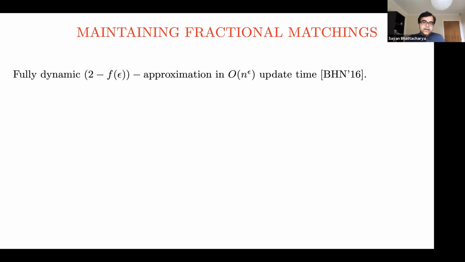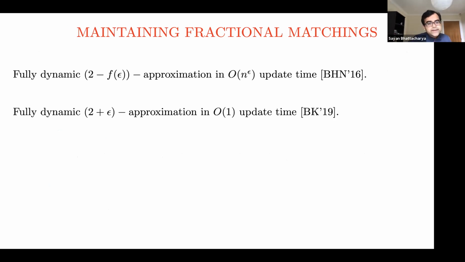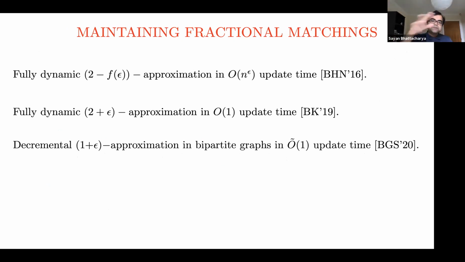Okay, so there is actually a long line of work in dynamic algorithms for maintaining fractional matching. I'm just citing 3 of them here. The specific details are not super important, but all you can assume from this is that we know how to maintain fractional matchings very fast, quite well.